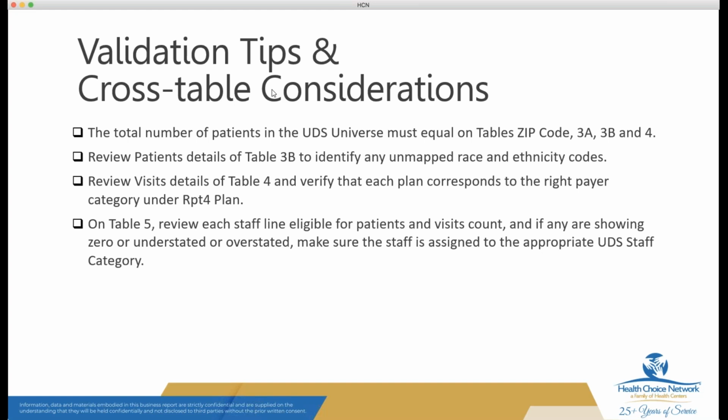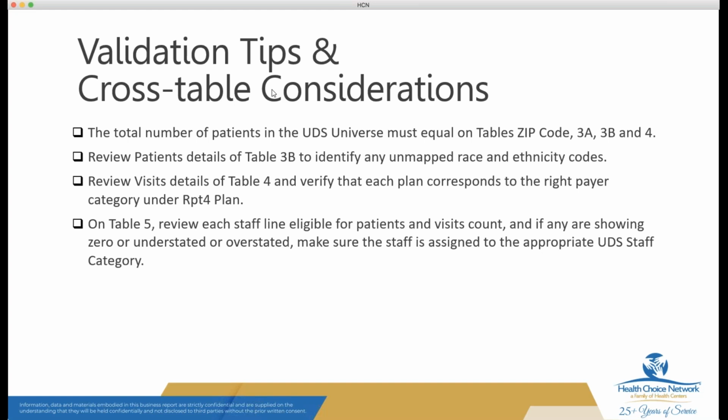If there are variances between these numbers, then you have to determine what is causing this variance. It could be maybe a record that wasn't updated correctly. There was a scenario that I researched where on table 3B, something wasn't correct with the race code in one of the patients, and it wasn't reflecting correctly on table 3B.